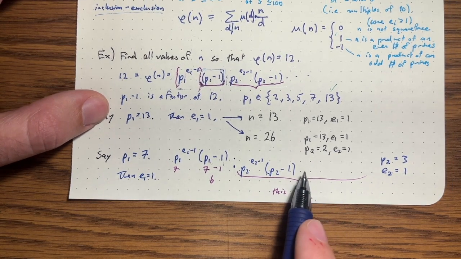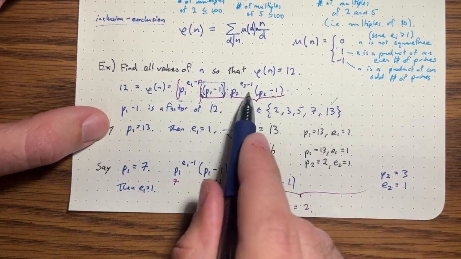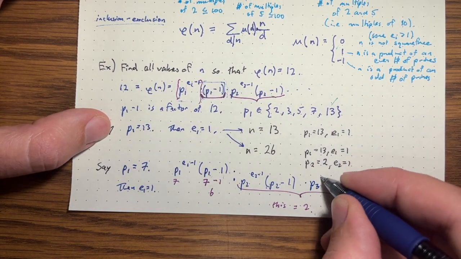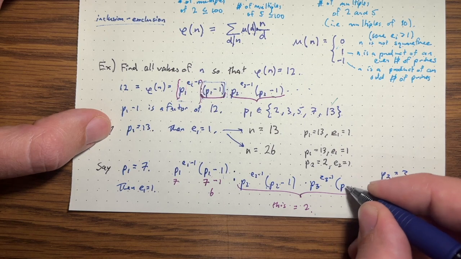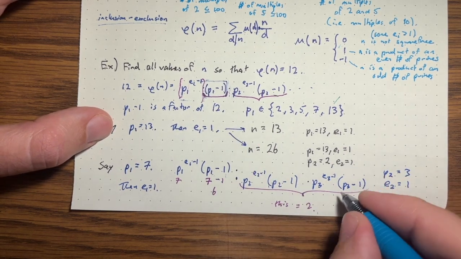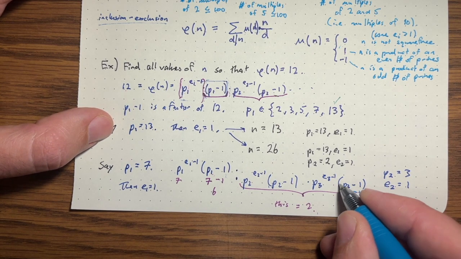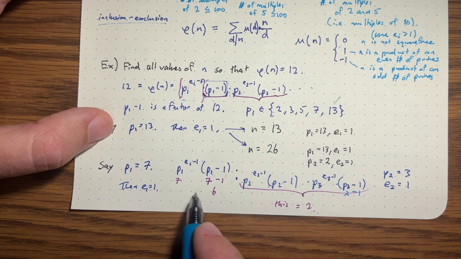And then it seems like we're not allowed to take anything else, but we could do the same trick again, where we take a third factor and include a 2. So P3 could be 2, and then 2 minus 1 will just be 1, so we're not actually making our product any larger.